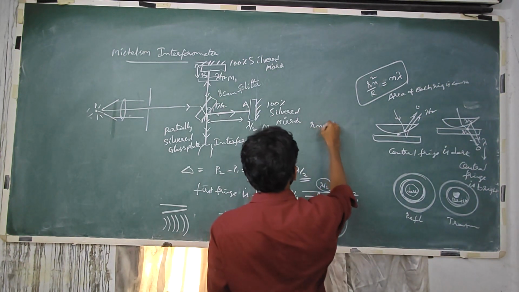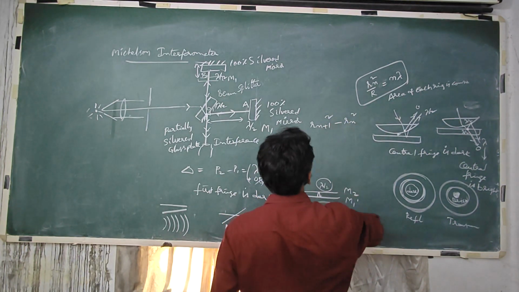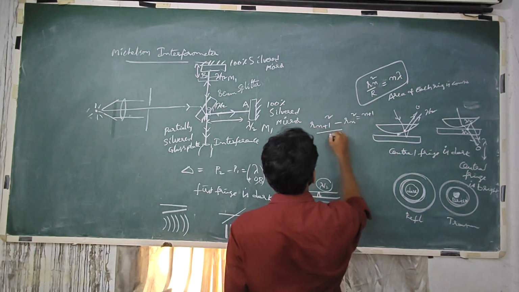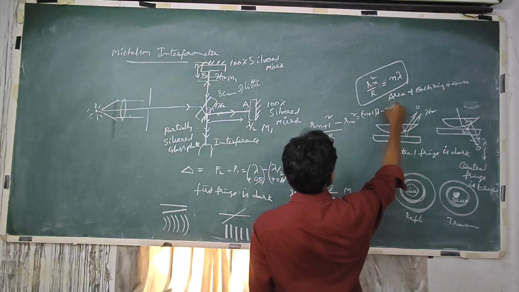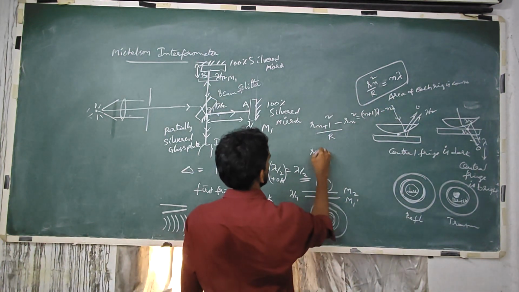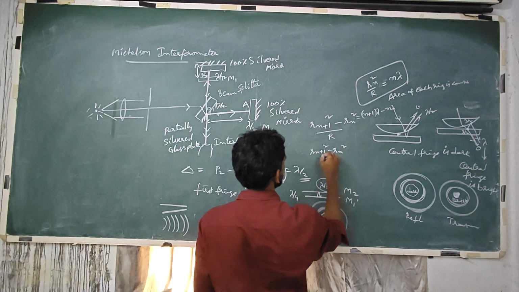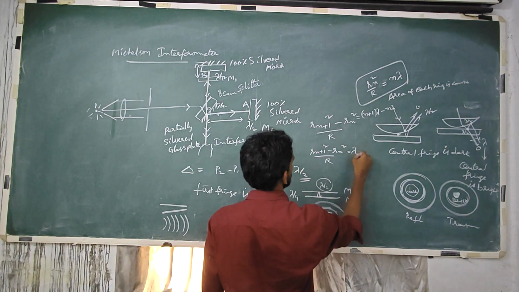So Rn plus 1 square minus Rn square is n plus 1 lambda minus n lambda. Rn plus 1 square minus Rn square by r is equal to lambda.